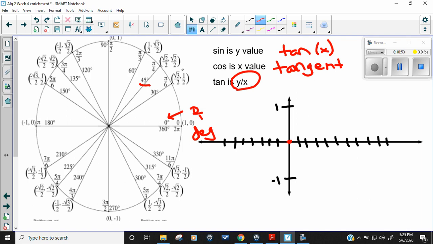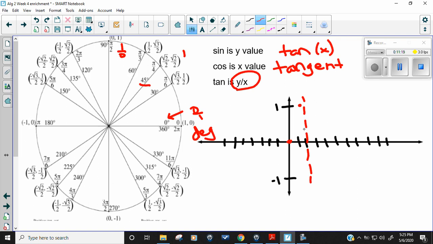At 45 degrees, it's these two divided by each other, which are the same thing, so it's 1. At 90 degrees, it is y divided by x. It doesn't exist because I cannot divide by 0. So at that point, we draw this thing called an asymptote.